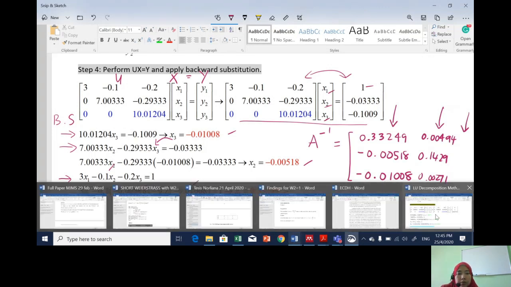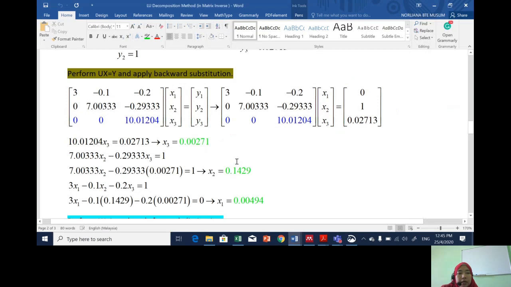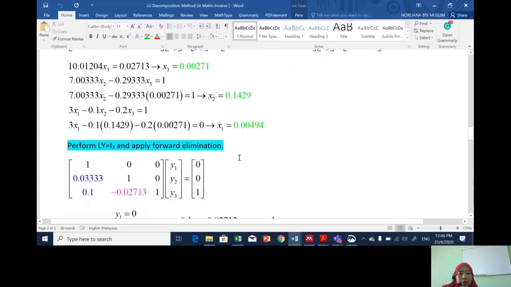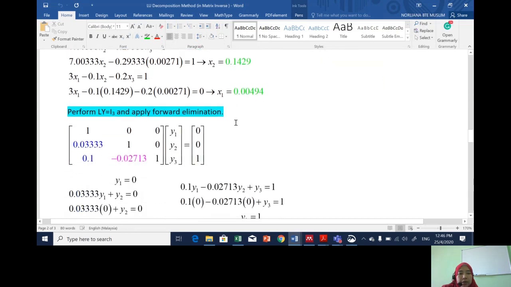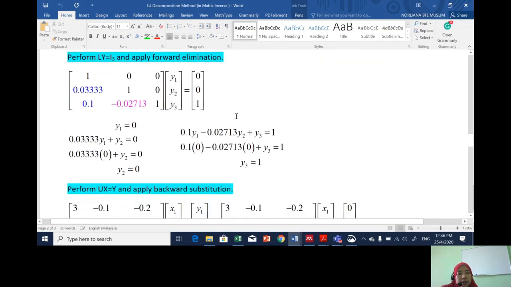Okay, so we need to repeat steps 3 and 4 again, using the value of I3. I3 is the one in the third column of our identity matrix. So these are the steps. L, the lower matrix, times Y is equal to I3. I3 is 0, 0, 1.